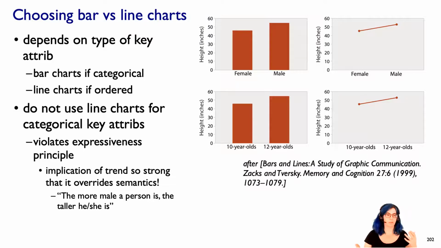The more male a person is, the taller he is. People would literally say that because their thoughts were driven by the visual encoding to be thinking about trends, even when that's nonsensical. So we can get some guidance about which visual encodings to use according to what our data set characteristics are, in addition, of course, to what our tasks are.